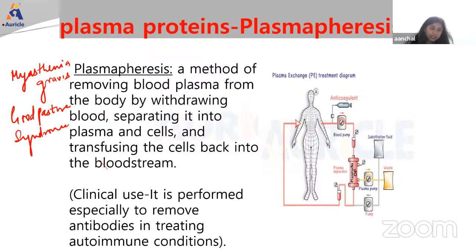So myasthenia gravis is an autoimmune disease which causes muscle weakness, and Goodpasture syndrome is also an autoimmune disease in which antibodies damage the basement membrane in lungs and kidney, resulting in bleeding in these organs.